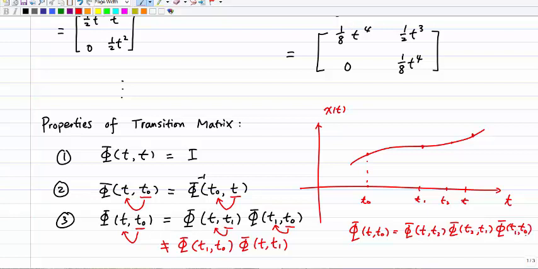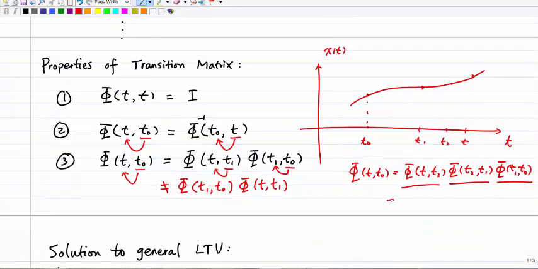That's also okay. You can add as many as you want. But pay attention to the order. You basically left multiply; don't do the right multiply. It's different. You cannot switch the order of phi of t1, t0, phi of t2, t1 and phi of t, t2. This is not true. The order has to be correct.